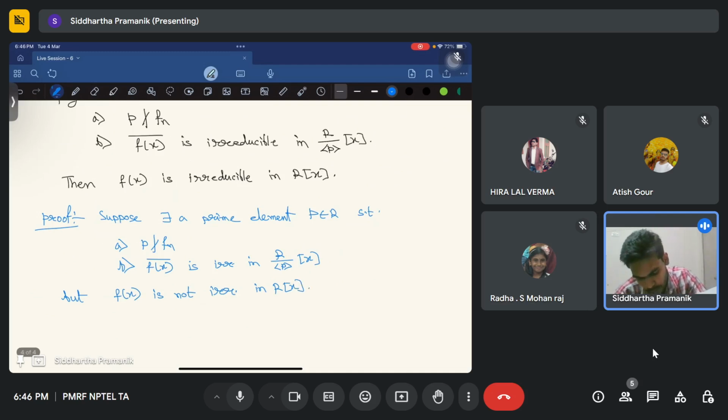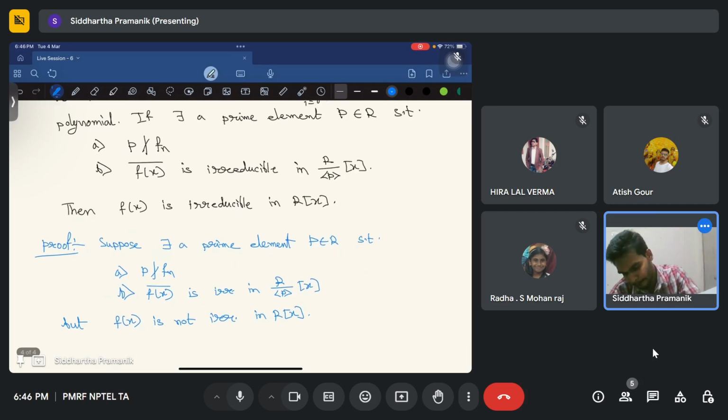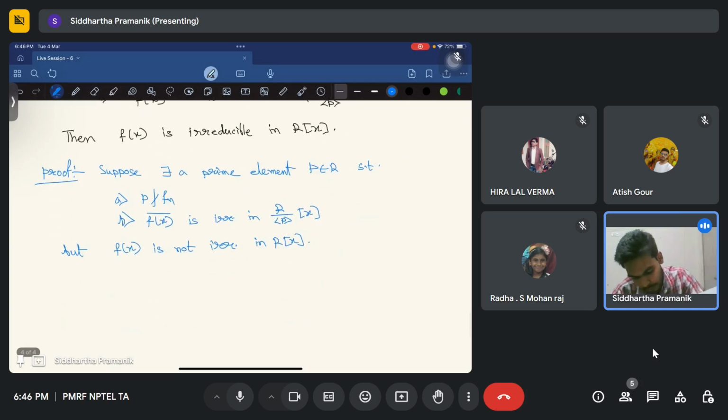Okay, so we are assuming this. So we need some contradiction. So f(x) is not irreducible in R[x]. So then f(x) equals some g(x) times h(x), right? This is by definition, where g(x) and h(x) belong to R[x] and are non-zero non-unit elements.